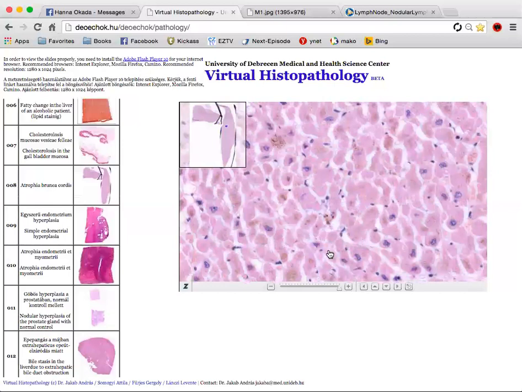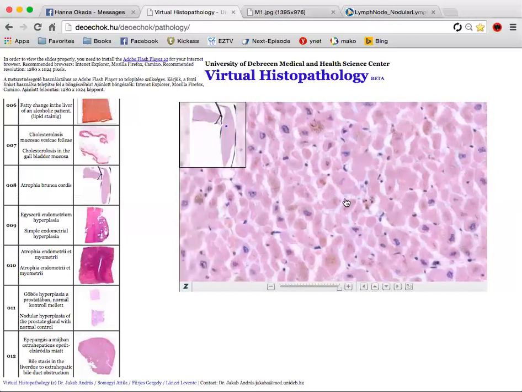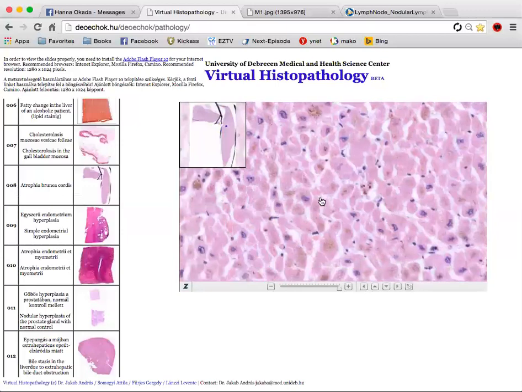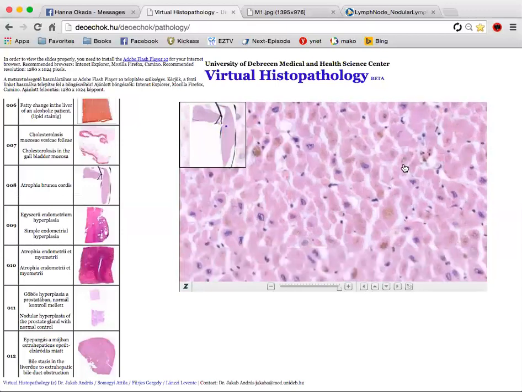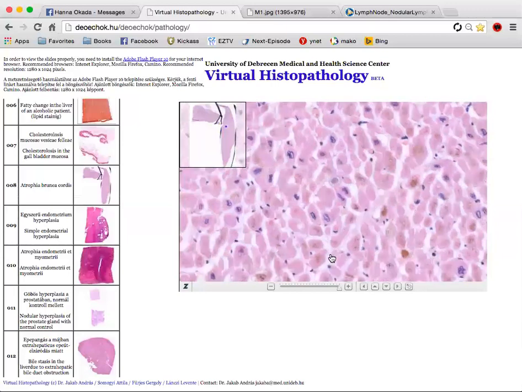This whitish lining is artifacts, so you wouldn't see these spaces between the cells, because when you embed a tissue in formalin, it shrinks. And you have these spaces between the cells, but there wouldn't be normally.